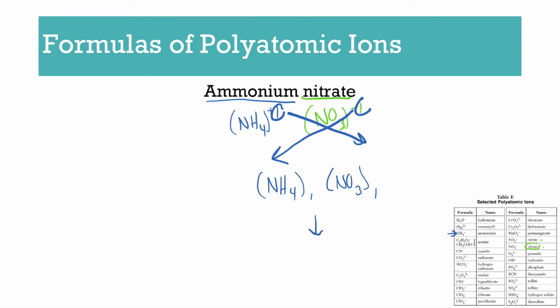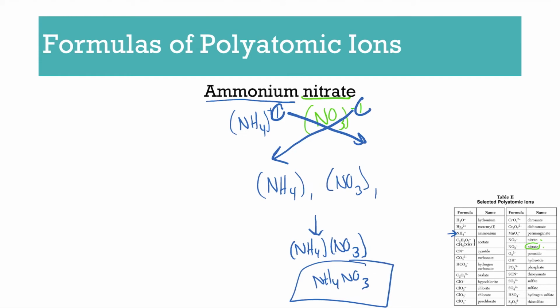So if you wrote it like this, or if you wrote it like this, it's not wrong. You just won't see it in the textbook that way, but totally accurate. A textbook would say NH4NO3 like that. And so that would be your final compound. Again, if you wrote it like this, or if you wrote it like that, it's not wrong. You just won't see it that way.